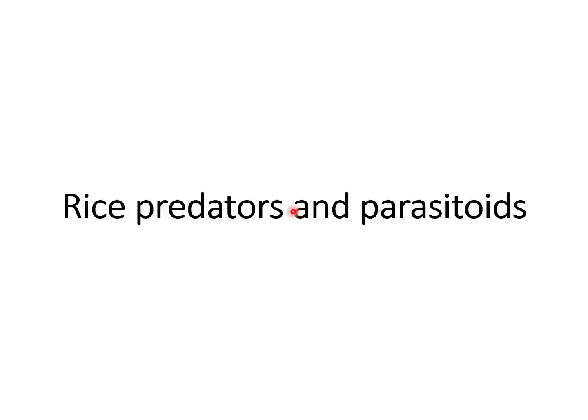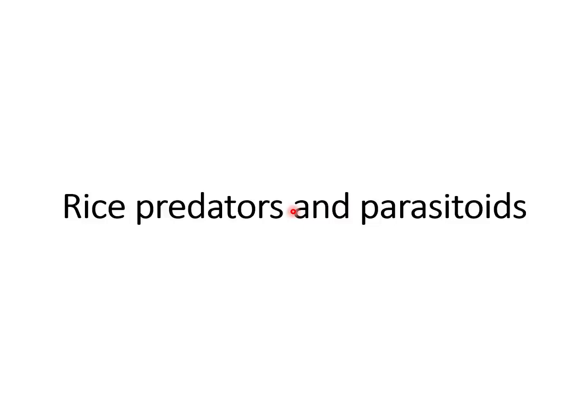There are a huge number of predators and parasitoids which help the farmers to check the population of rice pests. So if we are reducing the pesticide application, it helps in the buildup of these natural enemies, and these natural enemies can suppress the pest population.